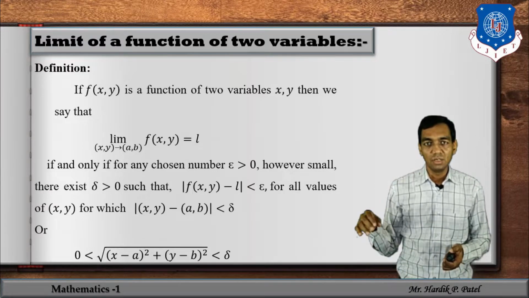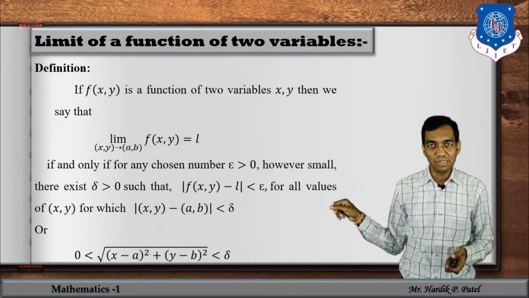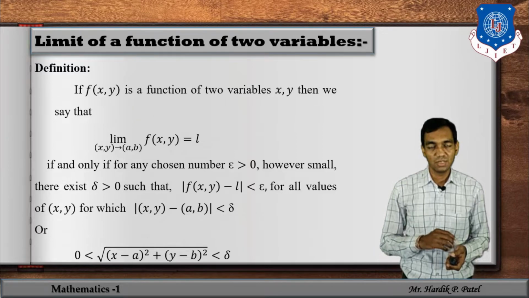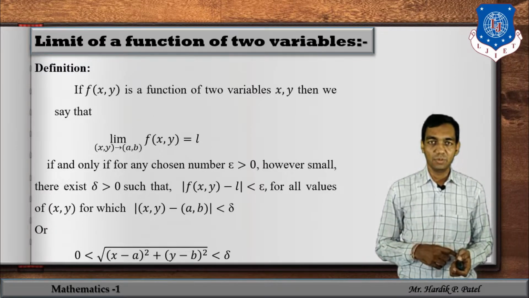Or you can write the same thing as 0 is less than under root of x minus a whole square plus y minus b whole square is less than delta. That means we are taking a deleted neighborhood.